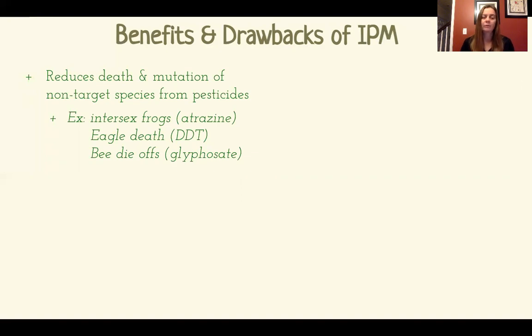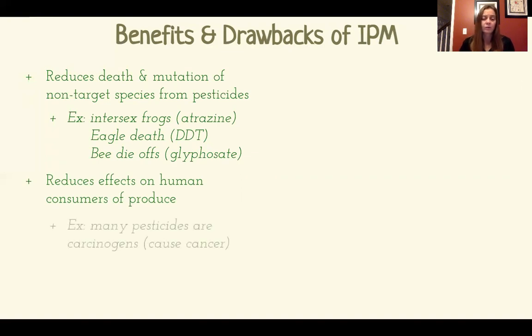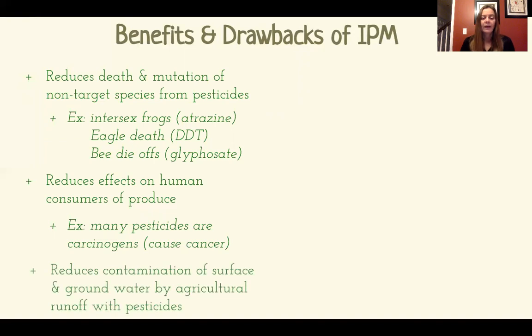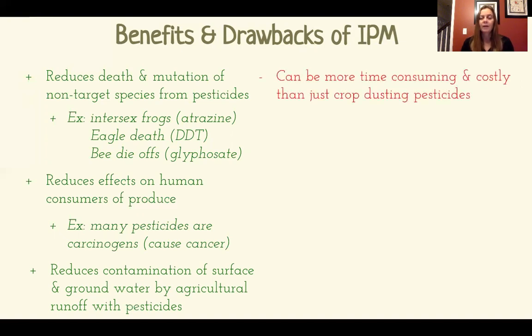So by minimizing pesticide use, you're minimizing all of those negative consequences. It also reduces the effects on human consumers of produce because a lot of pesticides are known carcinogens. And so by using fewer of them on our crops, we're likely to have less contamination of our food. And of course, it reduces the contamination of surface and groundwater by agricultural runoff.